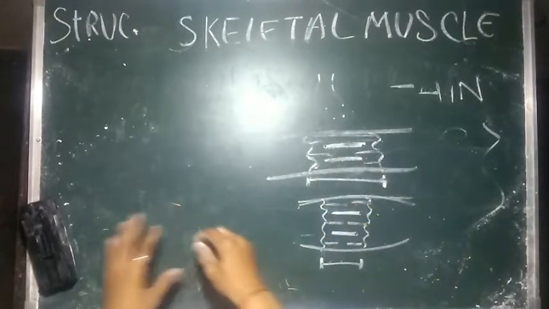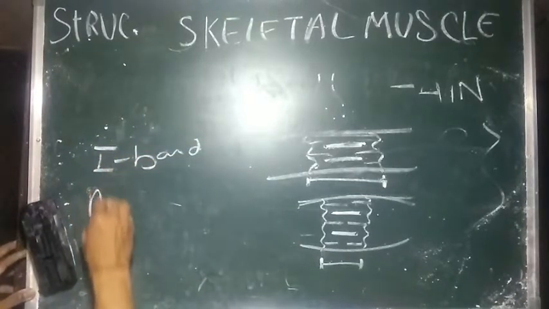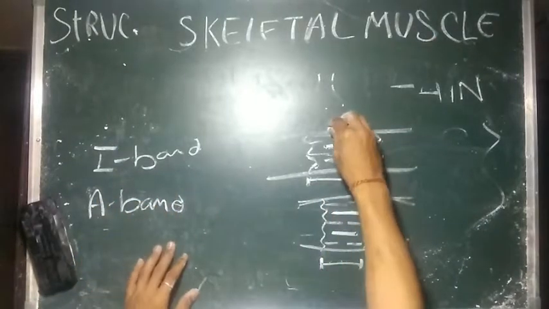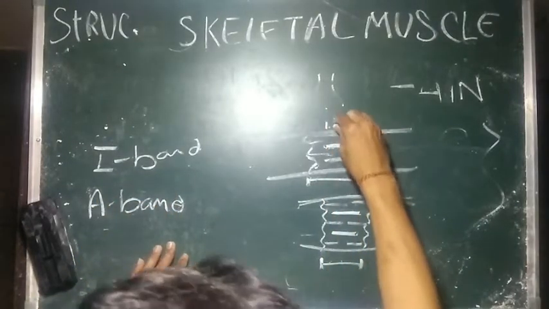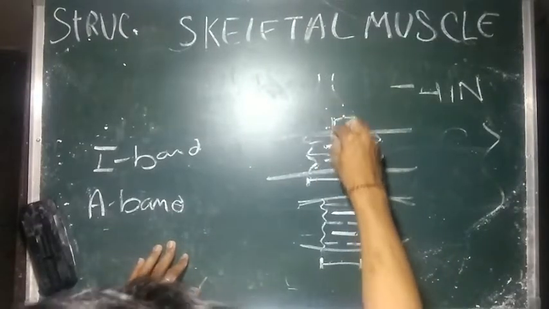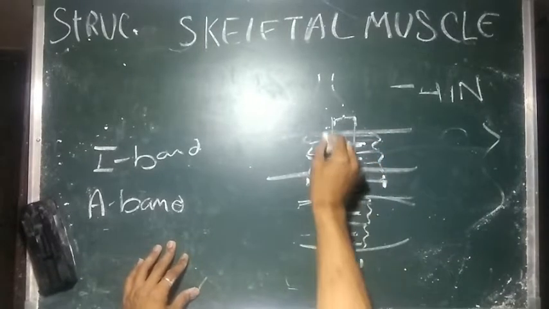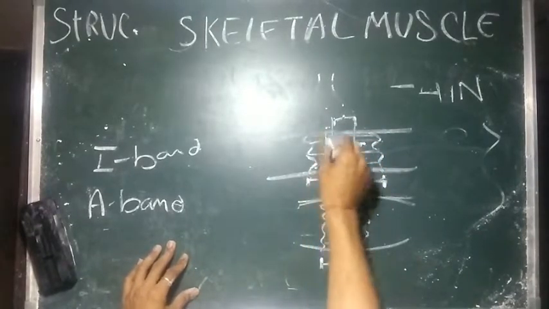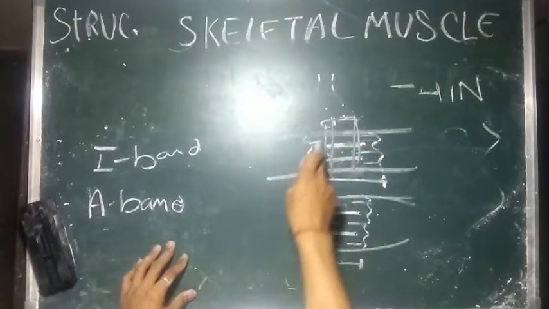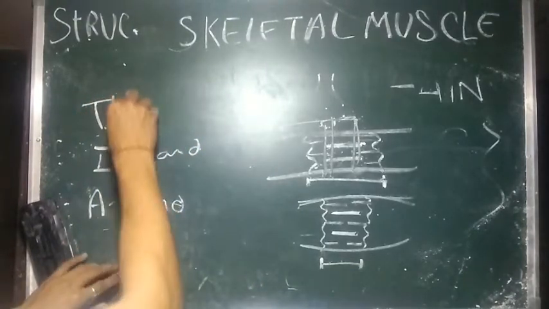Also keep in mind, we had two kinds of bands, the I band and the A band. The A band was this, purely the thick filament area. The I band will have only thin filaments.